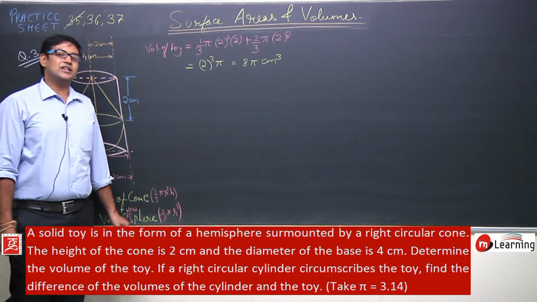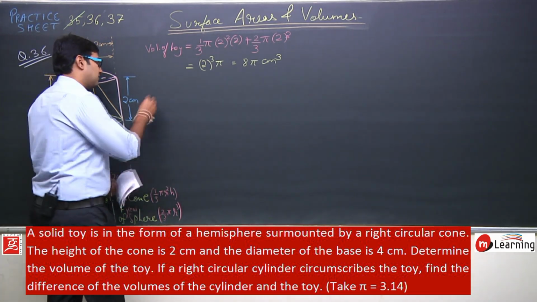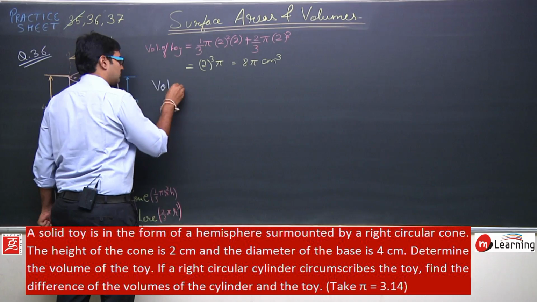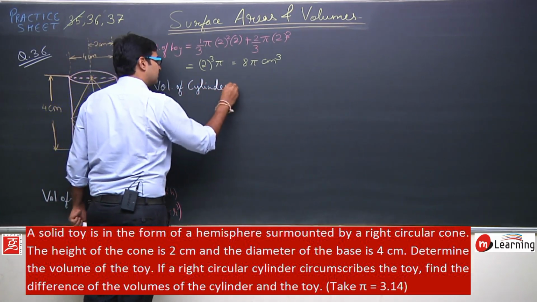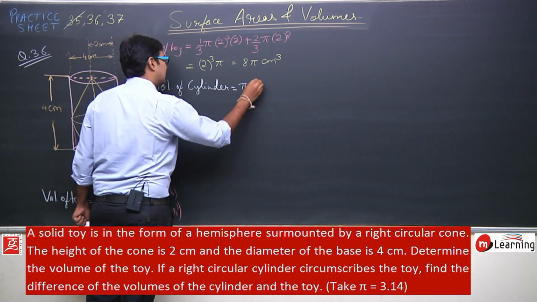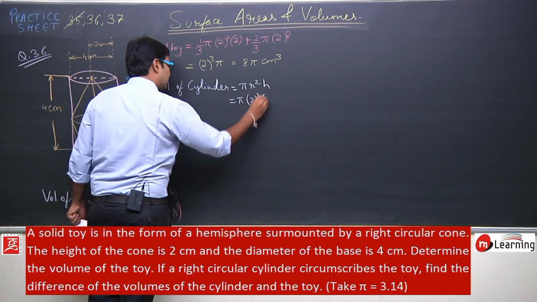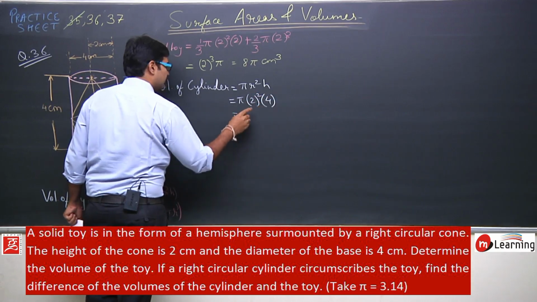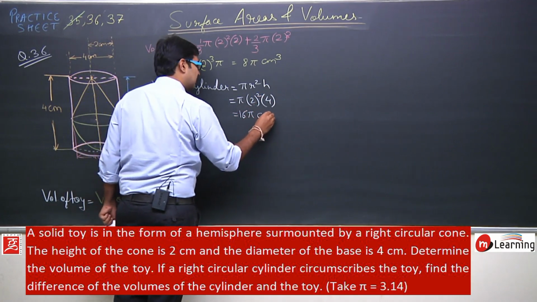Now can I calculate the volume of the cylinder? Yes, it's very easy. So volume of cylinder is equal to what? It is pi r square h, that is pi into r, which is 2, square, into h, which is 4. So this will give you 4 into 4 is 16 pi centimeter cube.